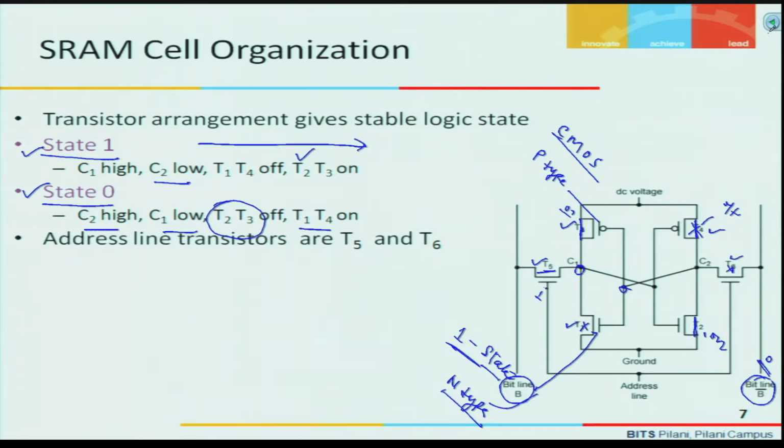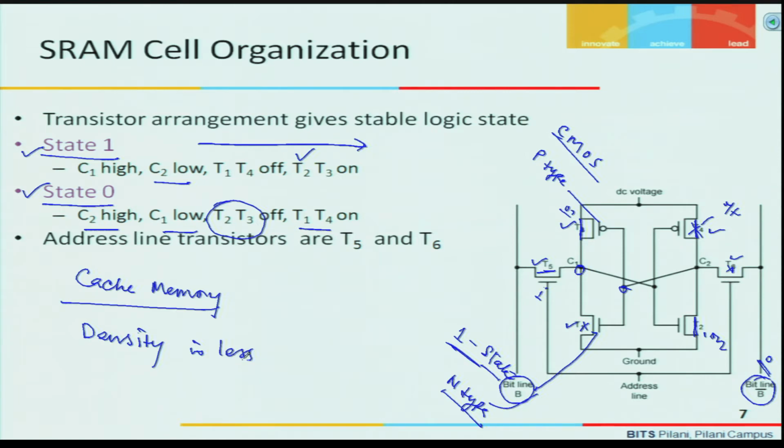This memory is used for cache memory because its access time is fast. It is costly. Why is it costly? Because of the number of transistors required, and the density, meaning the amount of bits that can be stored in a given unit area, is less.